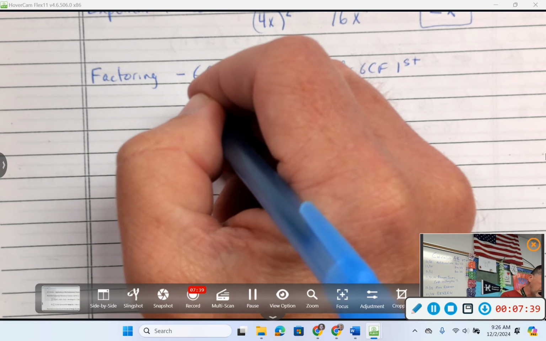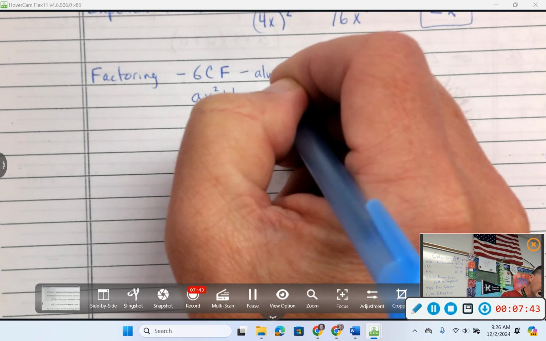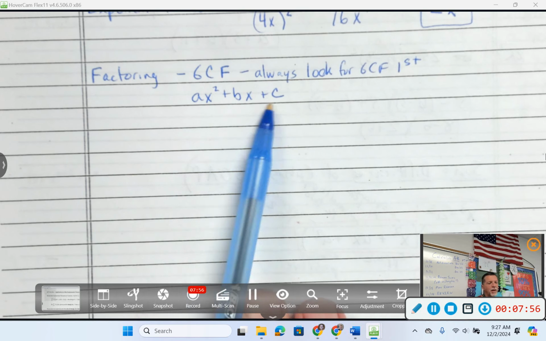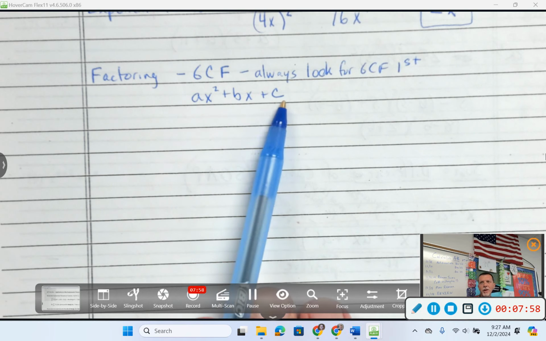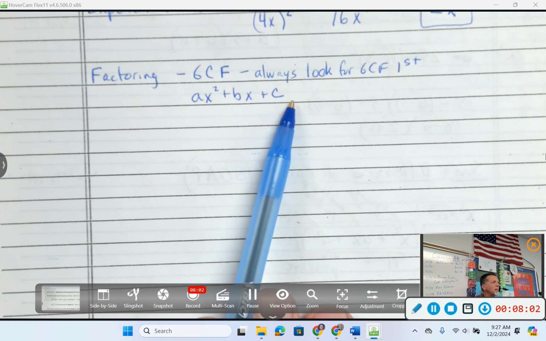Probably the next type of factoring you did was the simple or normal factoring, you might call it, ax squared plus bx plus c. And what in particular about that would make this an even easier factoring problem? What about A, B, or C would make life easy?